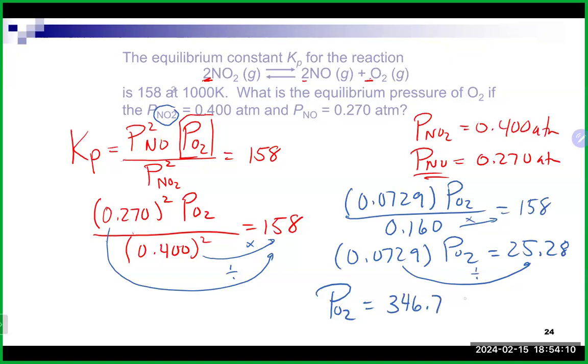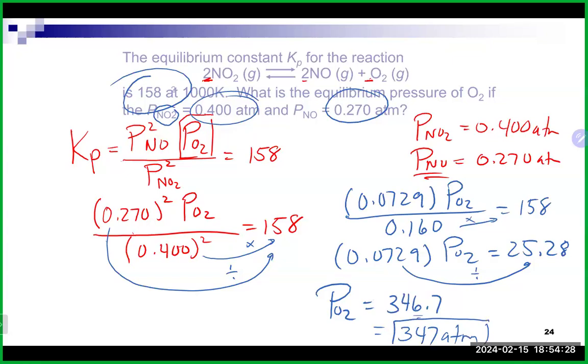We will probably go to 3 sig figs, as it looks like all these are 3 sig figs. We do a little rounding, maybe like a 347 atmospheres. In that case.